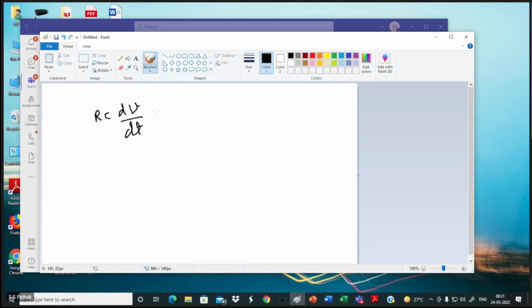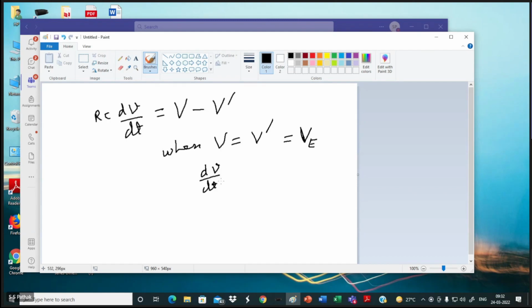Okay, is this voltage V minus some voltage V dash was coming. When V becomes equal to some voltage V dash, which we call as your equilibrium voltage VE, then my dV by dt will become 0.